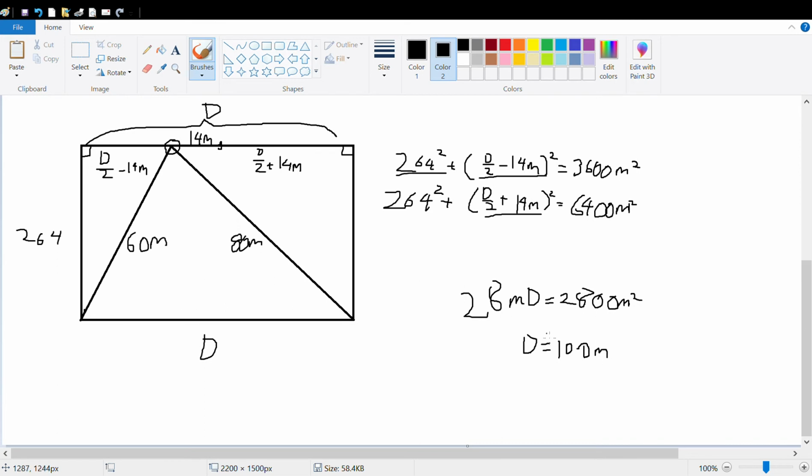Now let's substitute this back into these equations. We don't need the second equation anymore. So we have 264 squared plus 50m minus 14m, which is 36m, squared, is equal to 3600m squared.